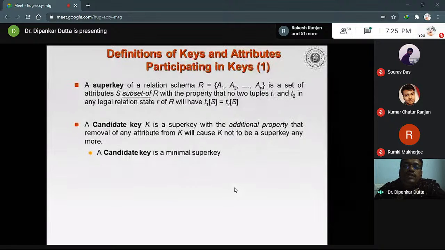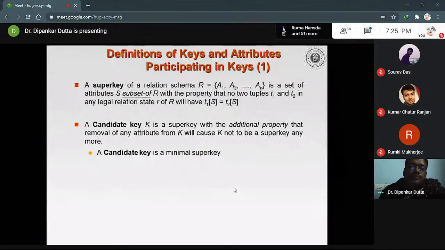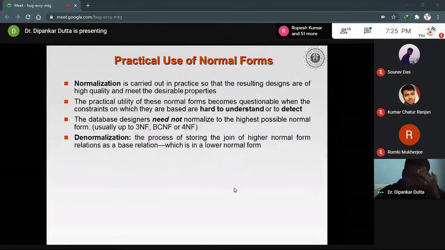Definition of keys and attributes participating in keys. I have already discussed super key, candidate key, then primary key. What is super key? I have already discussed that. Can anybody say what is super key?